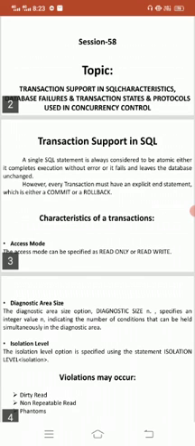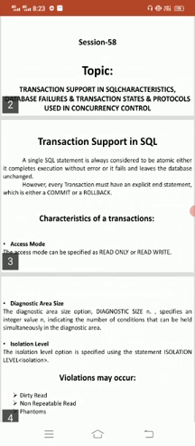So transaction initiation is done implicitly when particular SQL statements are encountered. There is no explicit begin transaction statement, but there should be an explicit end statement, either commit or rollback.